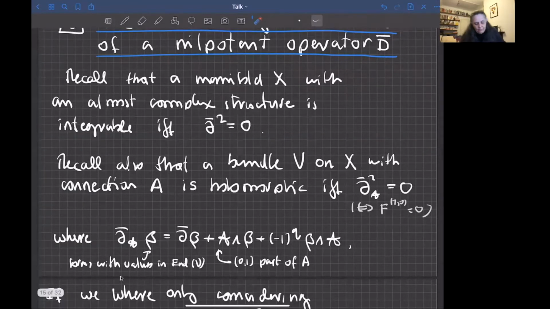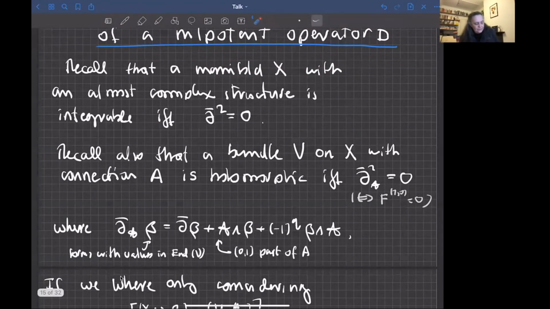Where this del bar operator with a sub A here is a covariant derivative on forms with values in the homomorphisms of the bundle, right? Which has this form. I mean, this all is very natural, and it is not too difficult to prove that the squaring of this operator, the nilpotency of this operator, is equivalent to the fact that the 2-0 part of the curvature of A is 0.